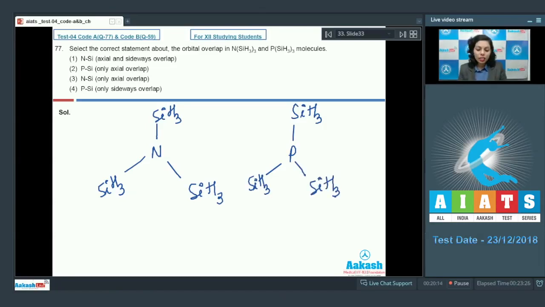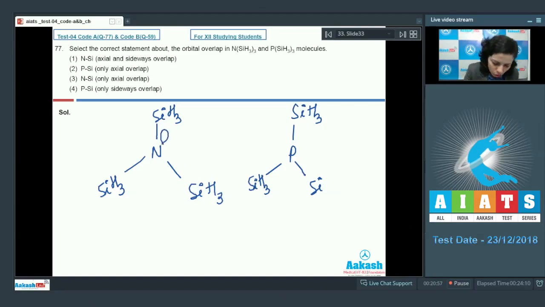Now, in case of the first compound, N(SiH3)3, there is the nitrogen atom which has the nature to form the back bond with the silicon. Basically, this back bond is formed between p pi orbital of nitrogen and d orbital of Si. So that is the orbital overlapping.